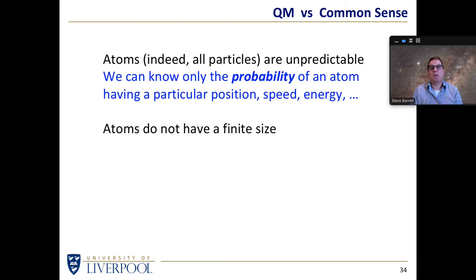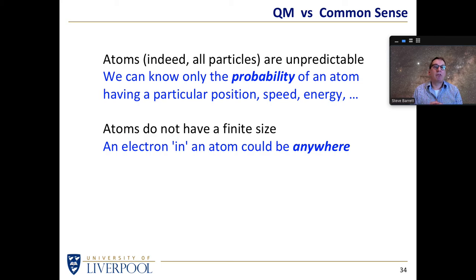We can talk about probabilities, we can't talk about absolutes. So you could say an electron could be anywhere. It's unlikely to be anywhere, it's most likely to be right next to the nucleus, only a tiny fraction of a micron, only a few nanometers or a fraction of a nanometer away from the nucleus.